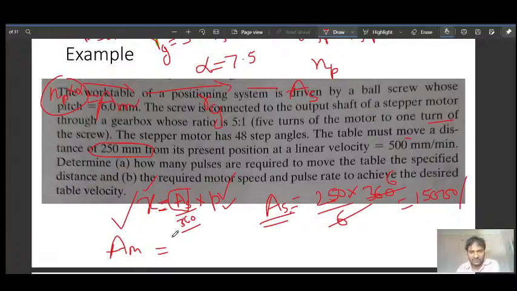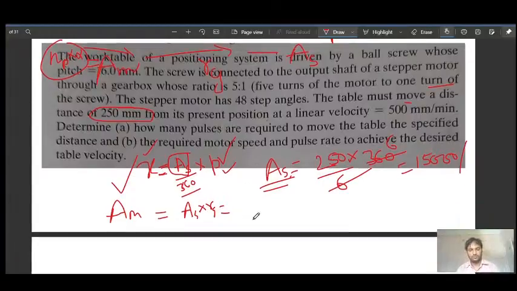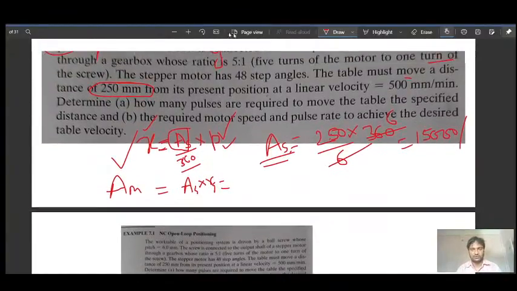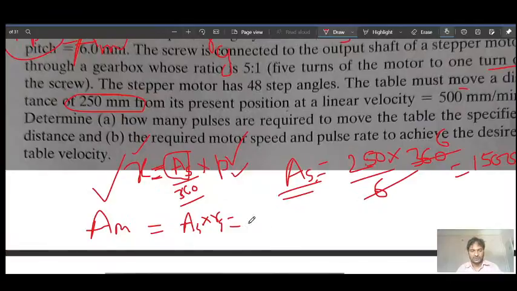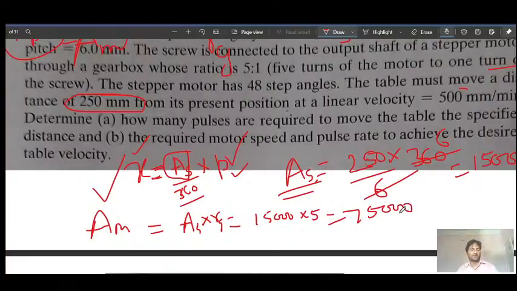So AM we will get by multiplying AS with the RG value. AS into RG: 15,000 and RG 5, that becomes your 75,000.